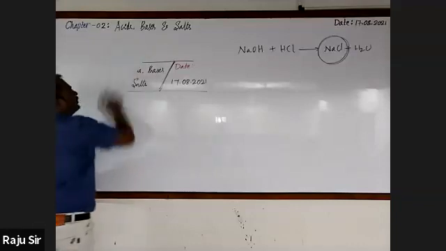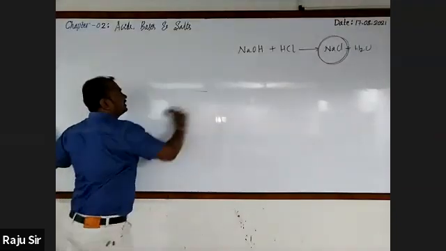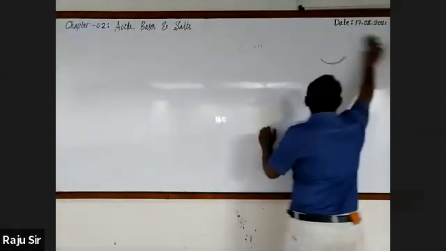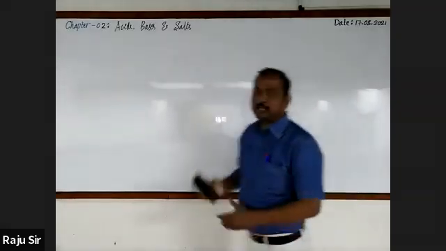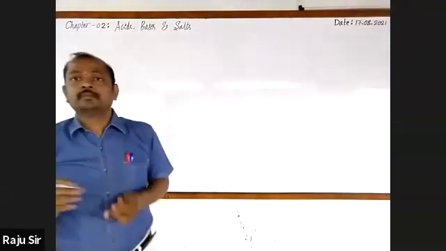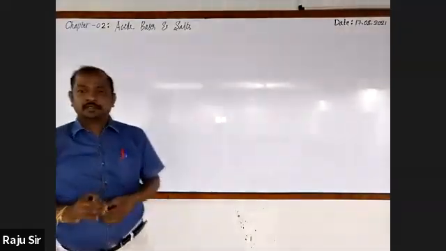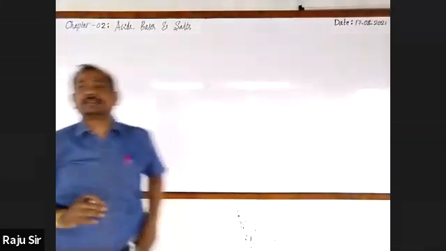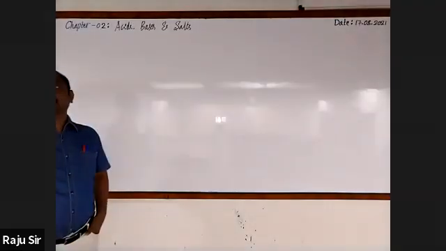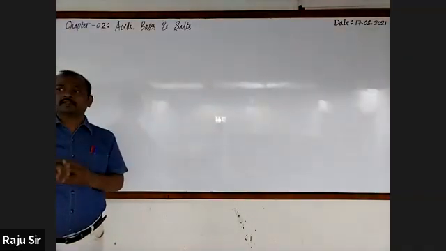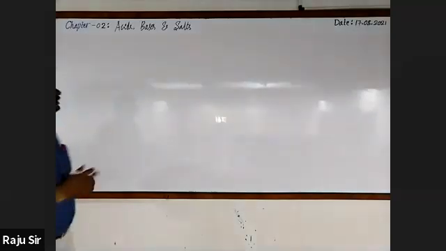Now, let's go for discussing the board. Acids, bases, and salts in detail. Before that, we must need to have the basic information regarding these compounds: acids, bases, and salts. Please don't go for writing anything. Listen to me first. Afterwards, you may go for writing.